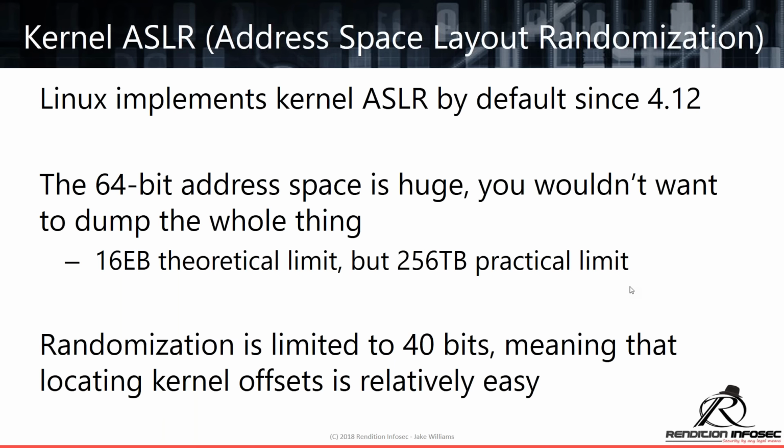So all we have to do is guess somewhere inside there. Some experimentation shows that on a 64-bit machine with 8 gigs of physical memory, even though we've got 40 bits of randomization, it's relatively easy. It's about 128 guesses, so probably less than you would expect, definitely less than I was expecting. So locating the kernel offsets to begin this dump is relatively easy.